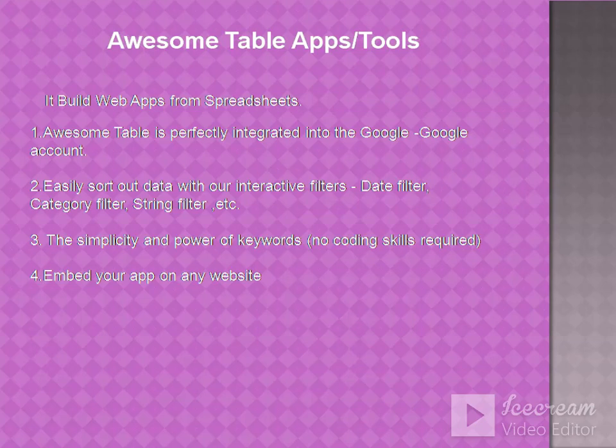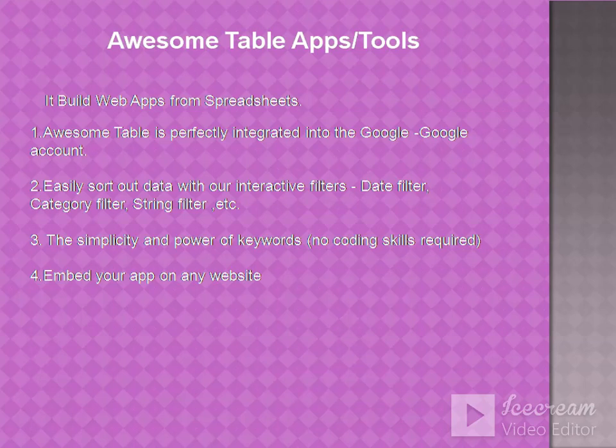The only requirement for Awesome Table is to have a Google account. Second, it easily sorts out data with interactive filters like date filter, category filter, string filter, etc. Third, the simplicity and power of keywords. It does not require any coding.